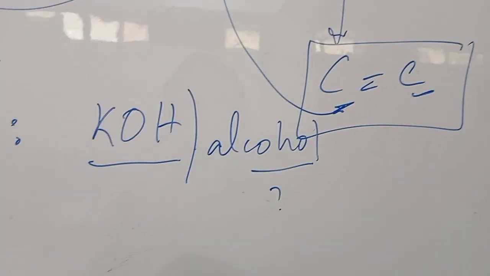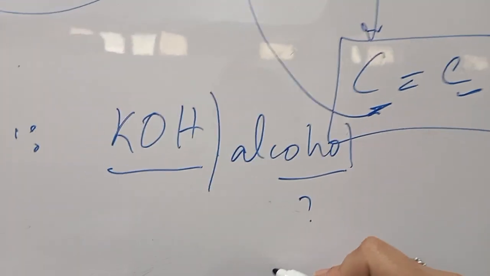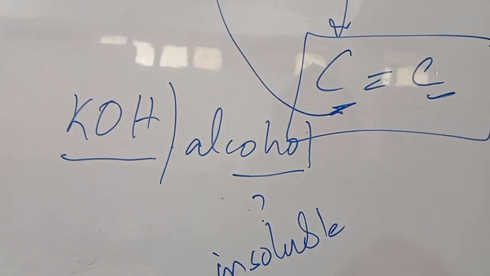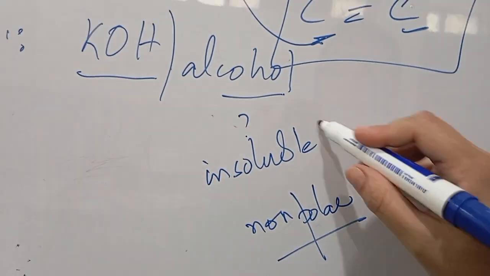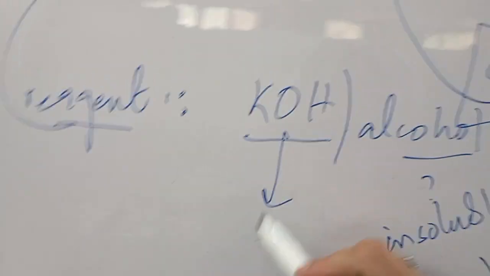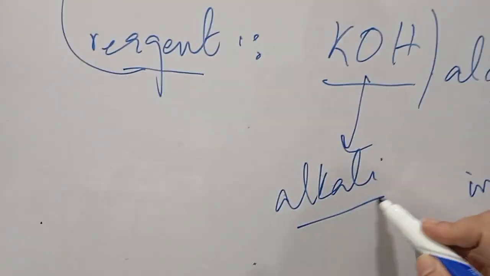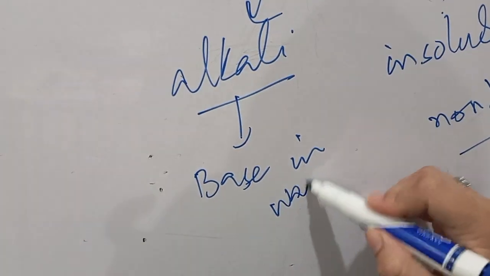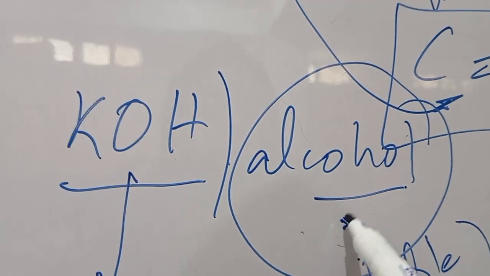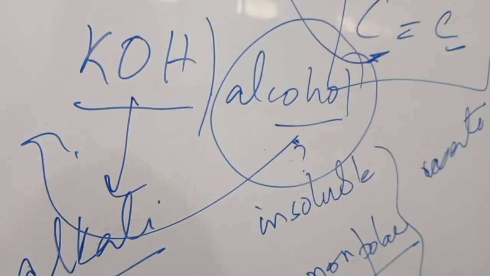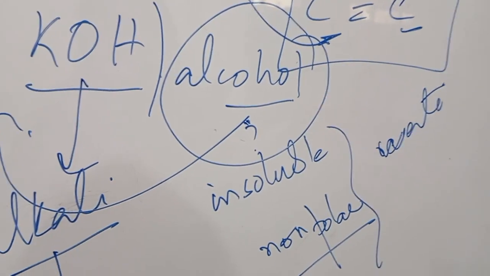Hydrocarbons are non-polar compounds which are insoluble in water, whereas potassium hydroxide is basically an alkali. Alkalis are bases which are soluble in water. So for this reason we use alcohol to dissolve the alkyl halide, so that we can use potassium hydroxide as an effective reagent.